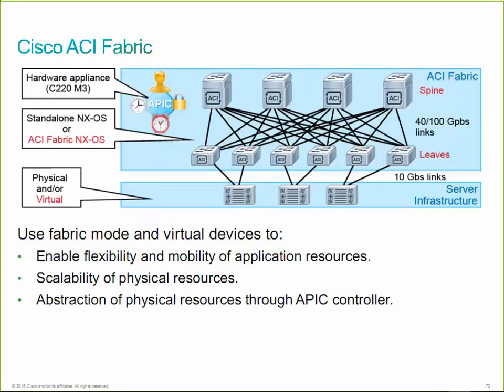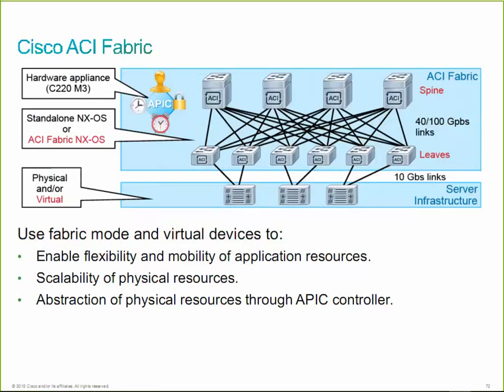The Nexus switches have to run in what we call ACI Fabric mode. That is a different way that these devices operate, right? So that they can participate in the ACI Fabric. They can run standard NXOS mode, but then they're regarded as an individual device.